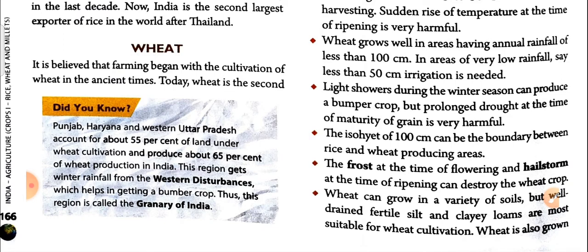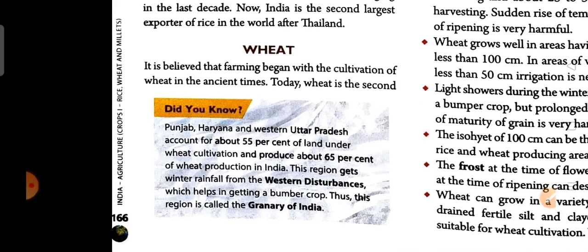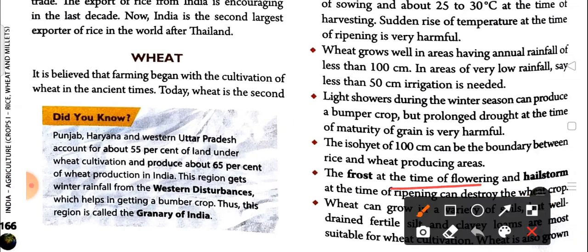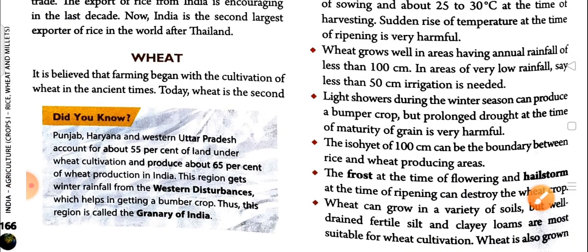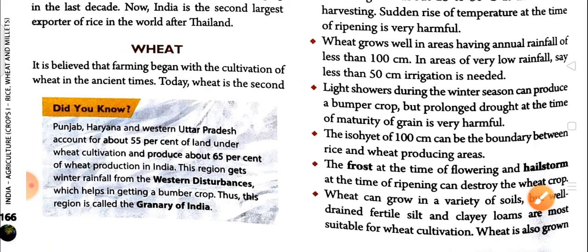Next, one effect that also causes harm to the cultivation of wheat is frost. So, what is frost? It is when the water vapor directly condenses into solid particles. This causes harm at the time of flowering of the wheat cultivation. Also, a hailstorm at the time of ripening can destroy the wheat crops.